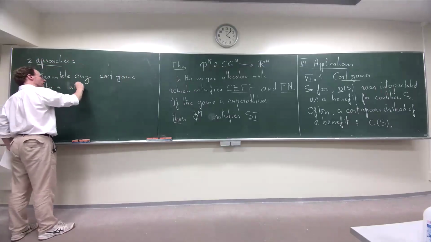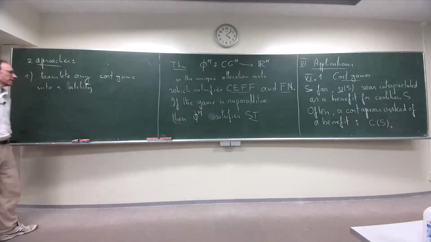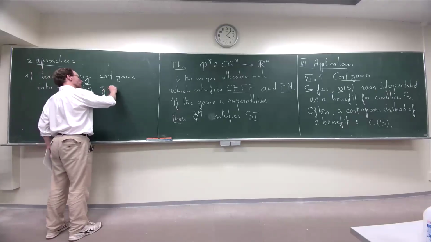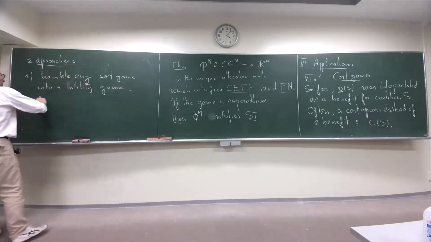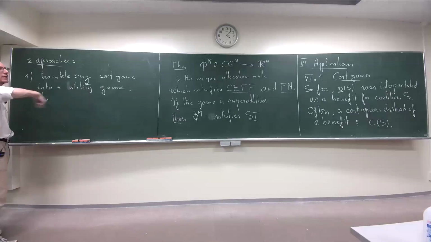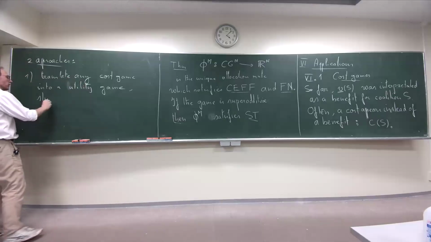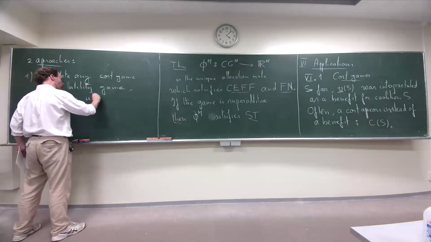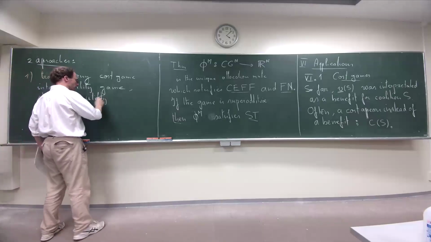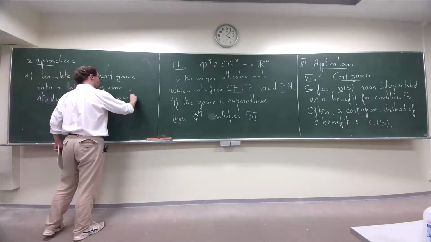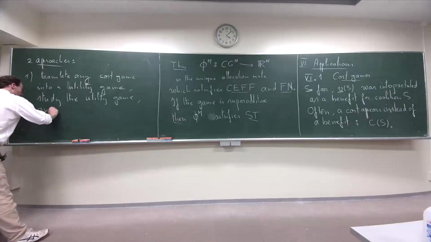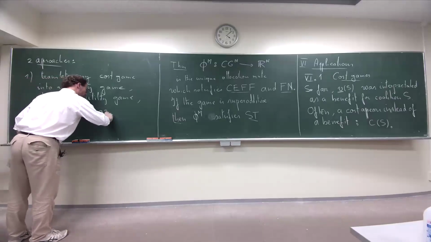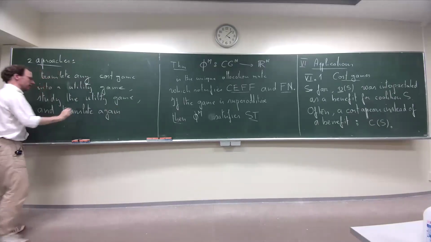I'm very vague, but I just want to warn you about what you can see in the literature. So you transform a cost game into a utility game, and then you study it, so it means you go from C to V. You study the utility game with what we have done so far, and translate again into a cost game.